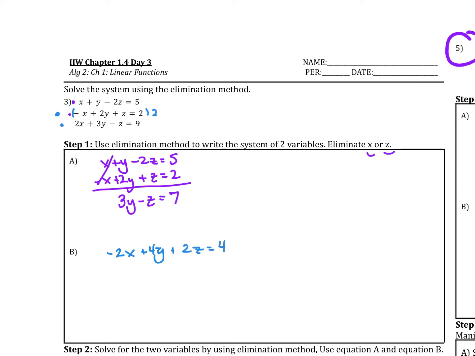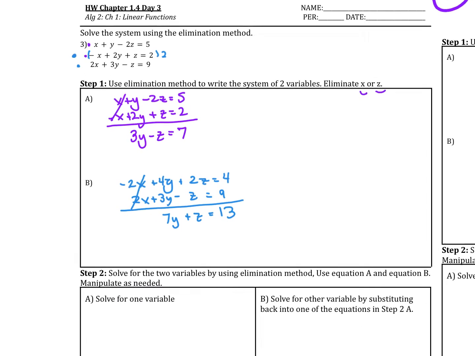And then let me rewrite the bottom equation, 2x plus 3y minus z equals 9. And then now we'll add that together, so we get 7y plus z equals 13. So that is step 1.